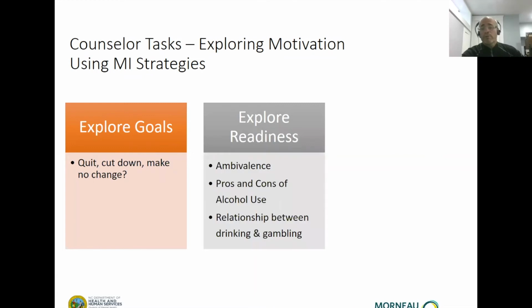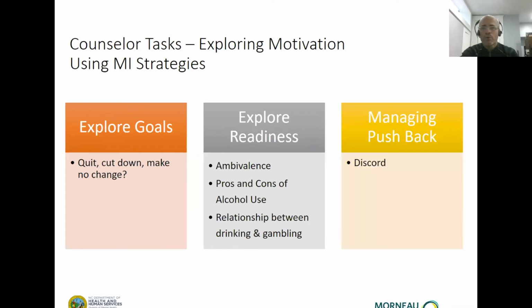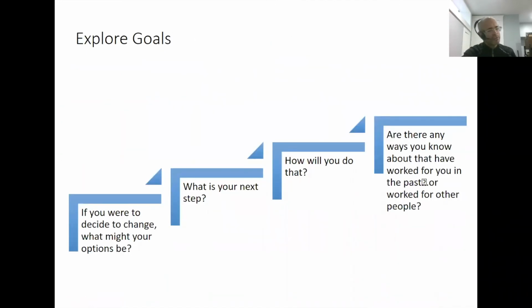When we're exploring readiness, what we're talking about is find their current stage of change and meet them where they're at. And when we're managing pushback, remember where confrontation and argumentation lands you with anyone addicted to anything. Roll with the resistance, right? And remember, it's not your responsibility for them to make that change. We just have to guide them there. Being a tour guide is where it's at.